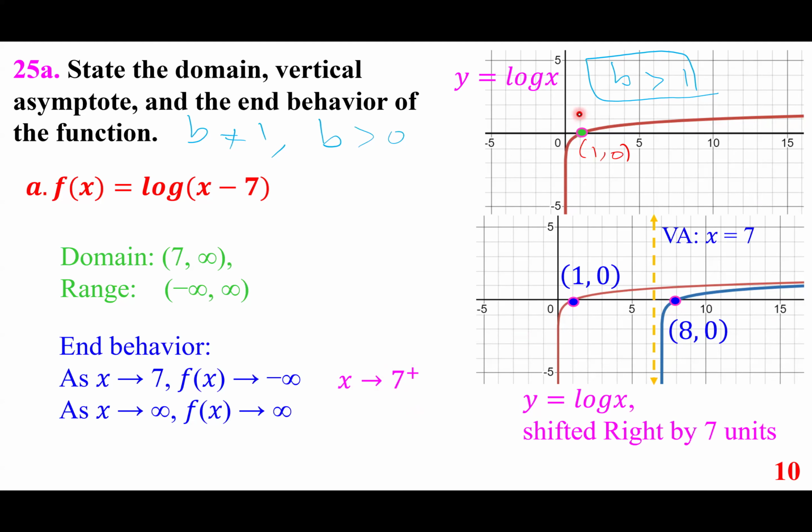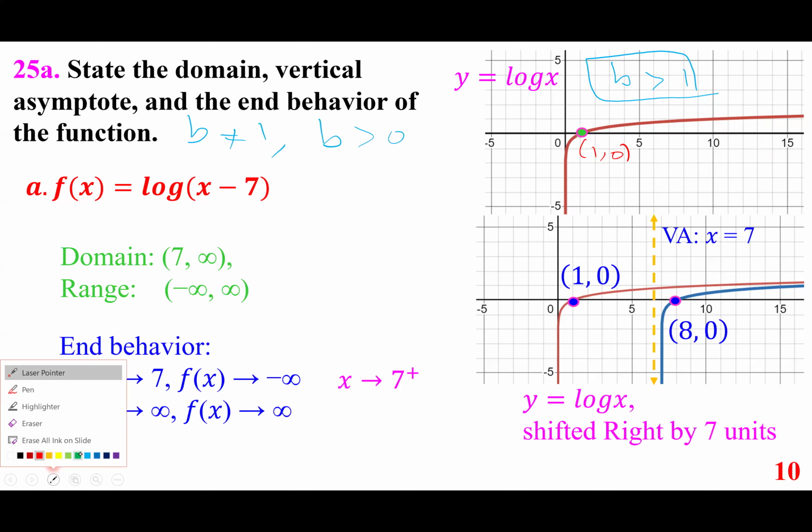So let's recap. This is the general graph of the elementary function y equals log x with any base larger than 1. In this case, more specifically, base 10. Domain from 0 to infinity. Let me just write that for this function.